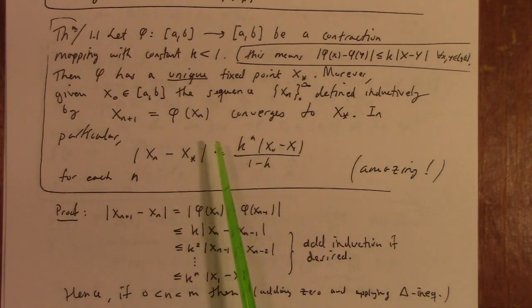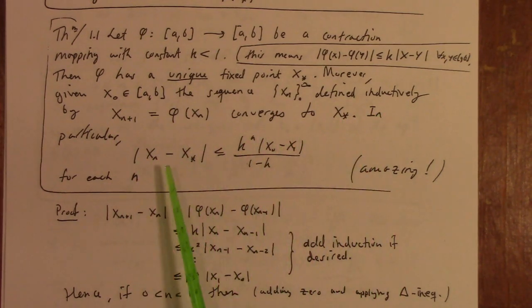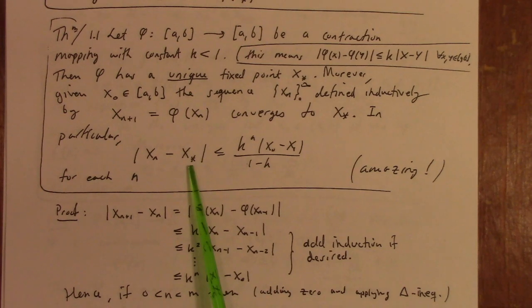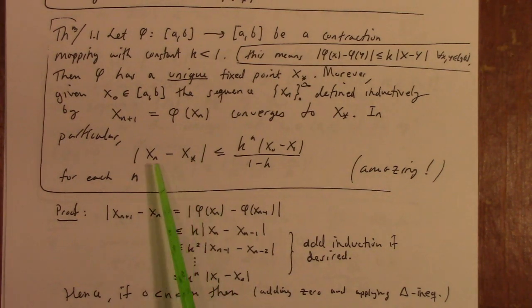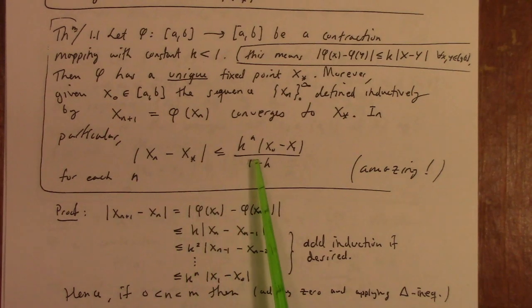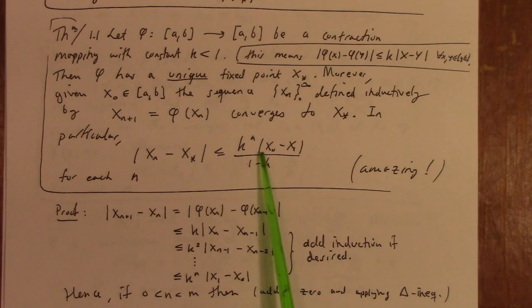But what's new here is that it also has an estimate on the error in the nth iterate relative to the fixed point you're looking for. Even if you don't know the fixed point, you can bound how far away your nth iterate is. You bound it by the contraction constant to the nth power times the absolute value of the difference between the 0th and first iterates, divided by 1 minus the contraction constant.